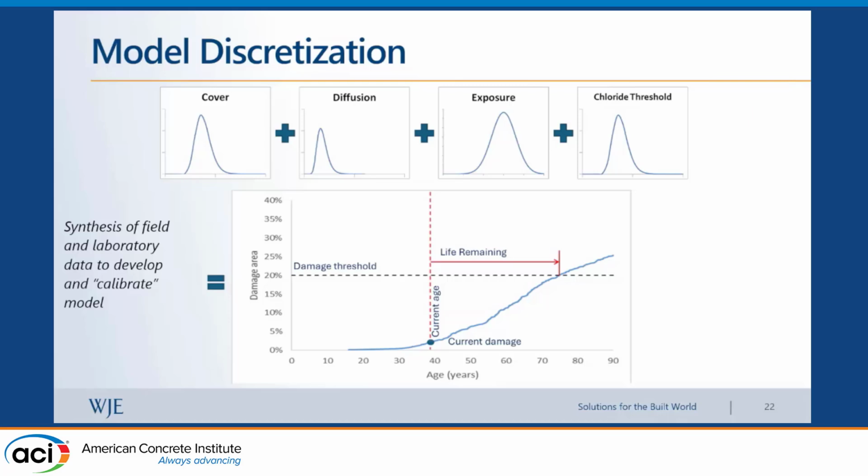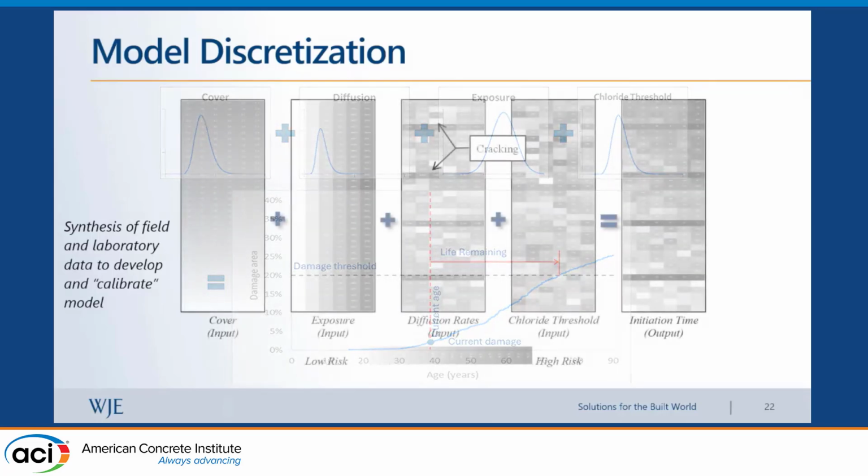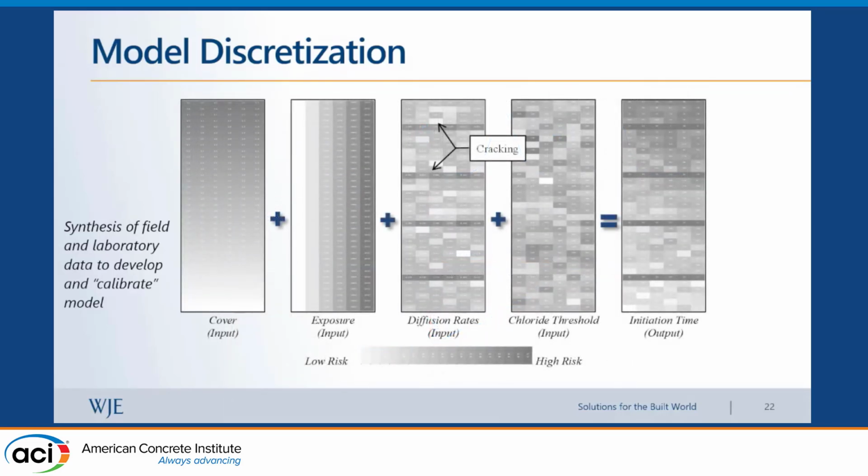We consider the concrete cover and its variability based on the field investigation, the diffusion coefficient and the exposure based on the chloride profiles that we have seen from the different cores, and then the chloride threshold whose distributions I showed a little bit ago. Based on those different distributions, we get the time to initiation of those small subsets, and from that the overall percentage of damage with time.